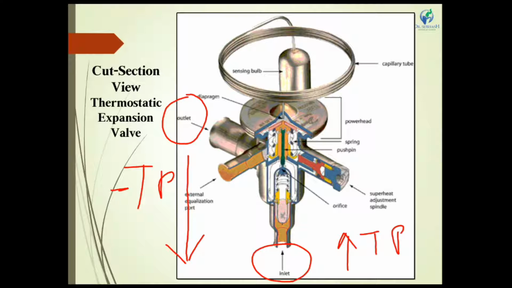The pressure energy is converted into velocity energy, meaning kinetic energy. At this time the pressure completely drops down, and since P is directly proportional to T, the temperature of the refrigerant also goes down.